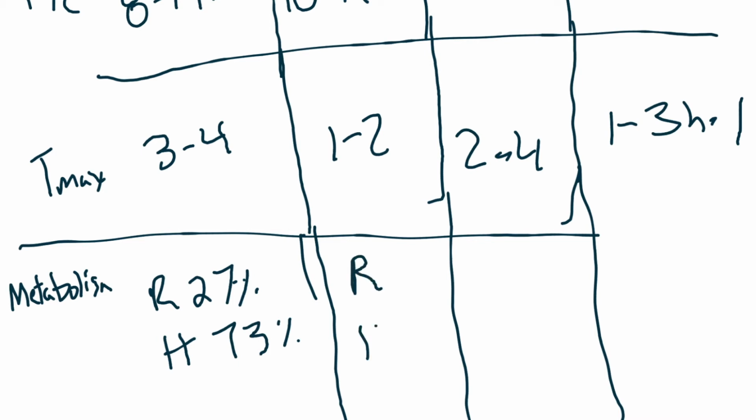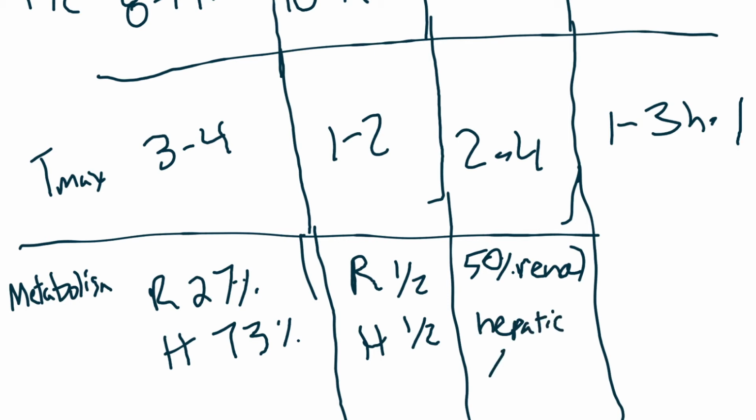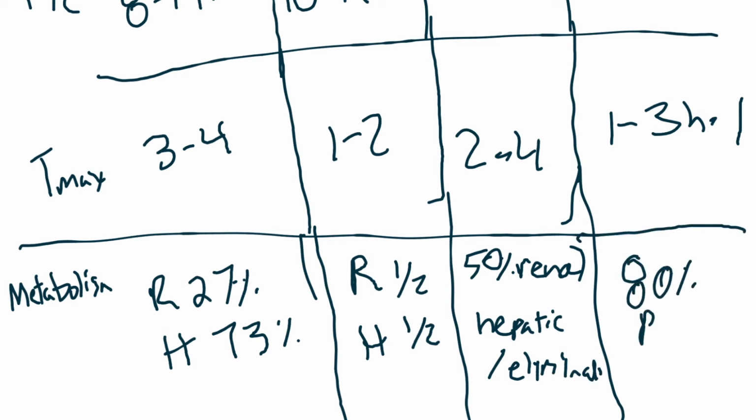Edoxaban is 50-50, renal and hepatic metabolism, as well as some biliary intestinal excretion. Rivaroxaban is 50% renal. The rest is hepatic or just eliminated. And then dabigatran is the most renally dependent at 80% renal clearance.